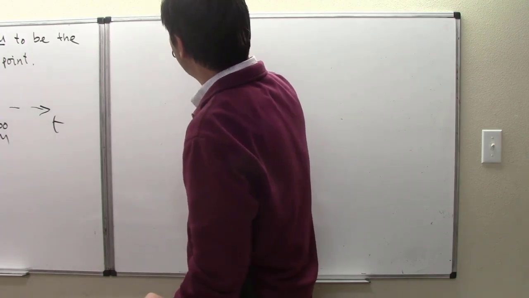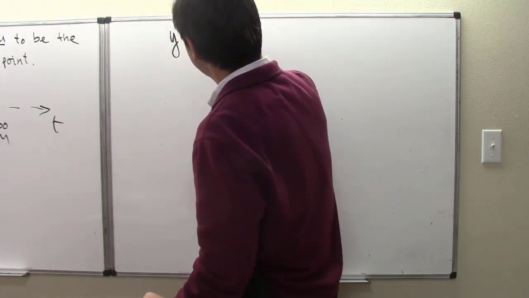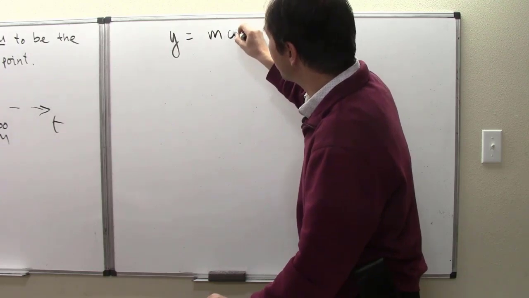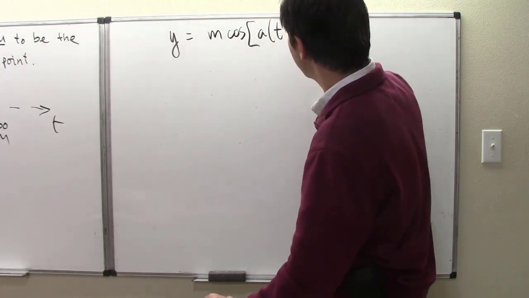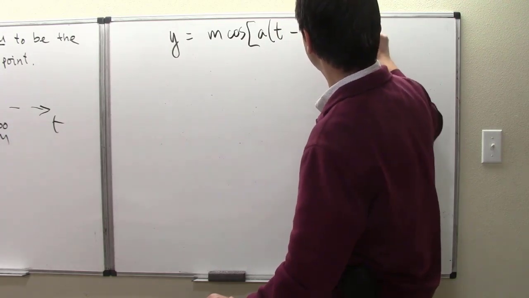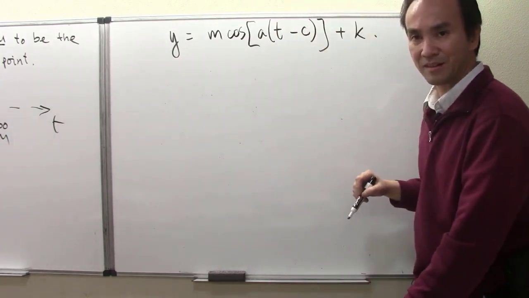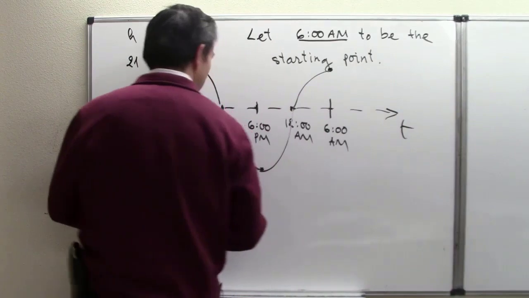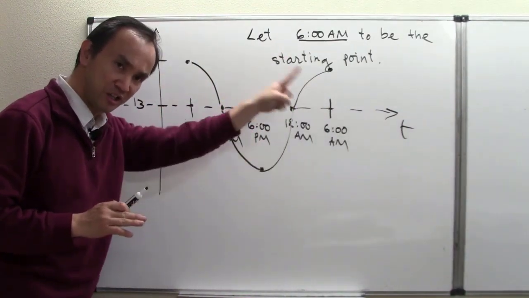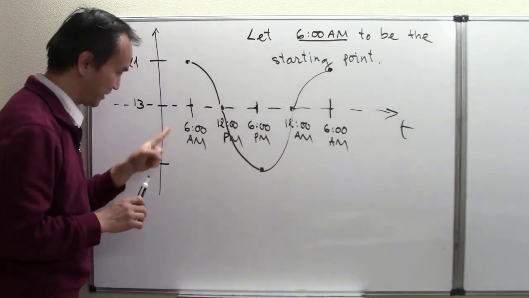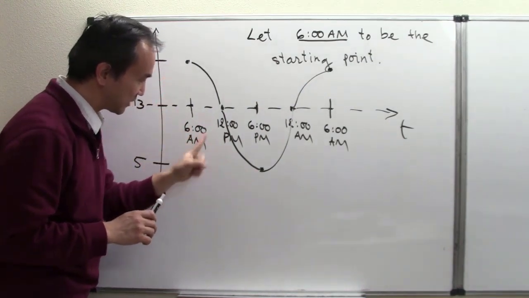y must equal some amplitude times cosine of a times (t minus the starting point), plus the center line k value. Once we have set our goal to come up with a cosine function, I'm going to start looking further into the information.